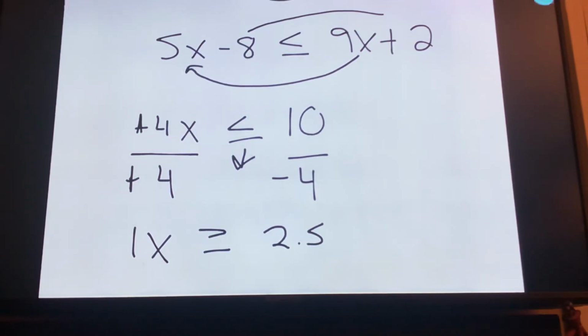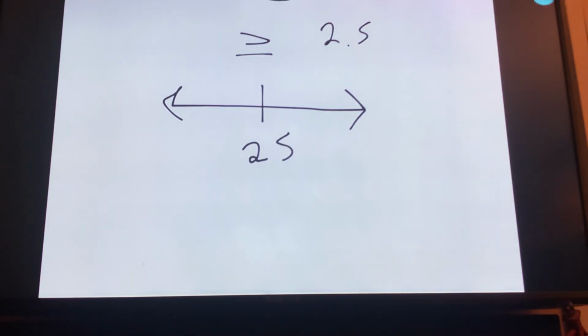But since it's a reverse, because you went from negative to positive, you had to change the sign. So let's go ahead and write down on our number line. Is it open or closed? It is a closed circle because it has the equal sign underneath.